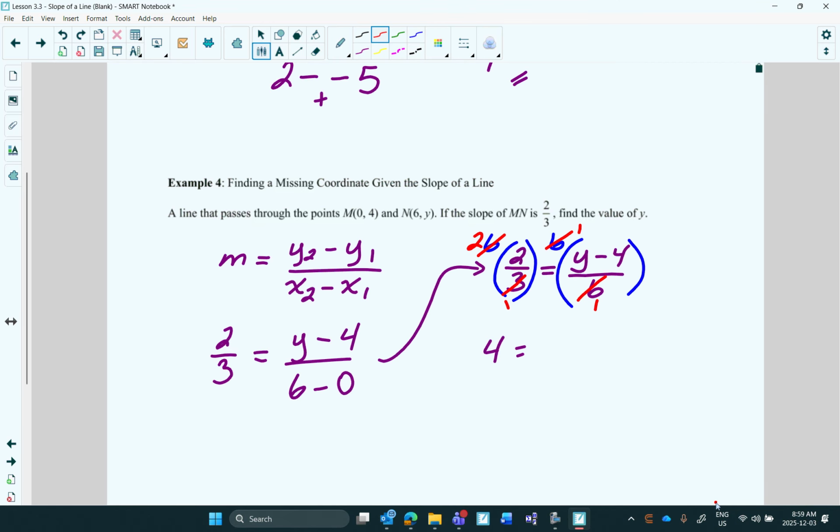Okay? So I'm left with y minus 4. How do I get y by itself? Add 4 to both sides, so my answer is 8. That's the missing y coordinate.